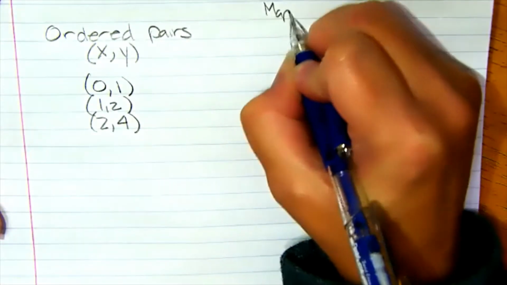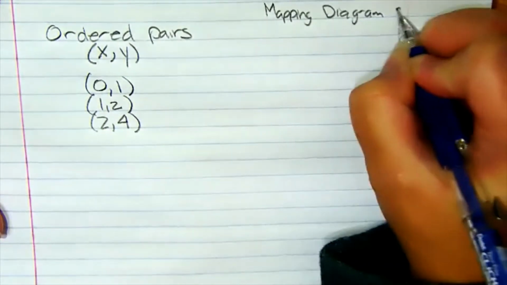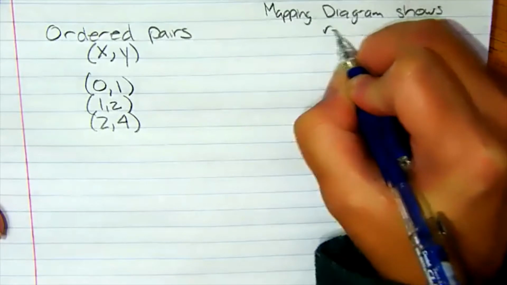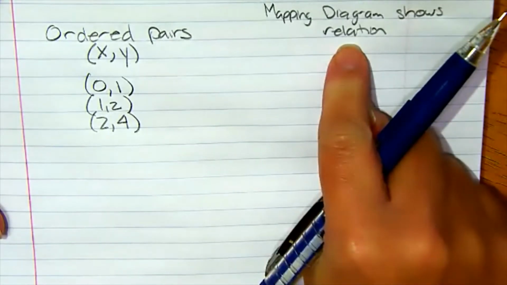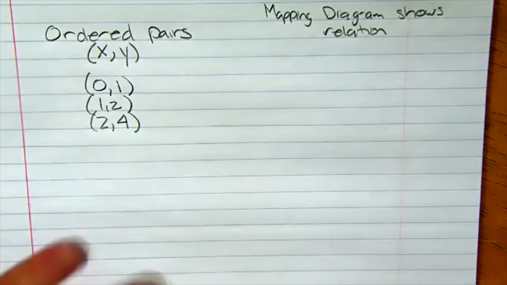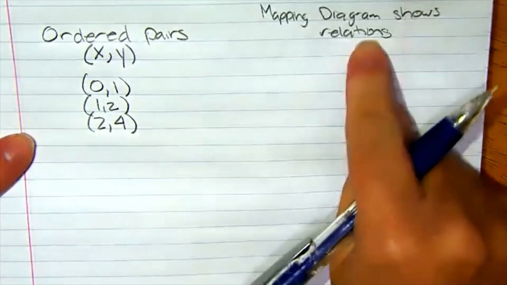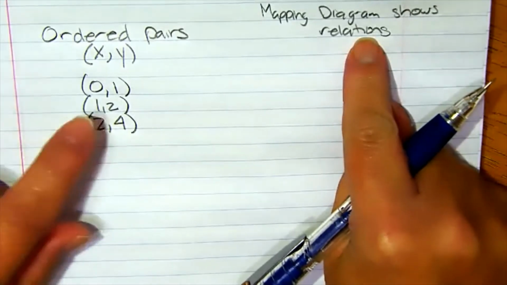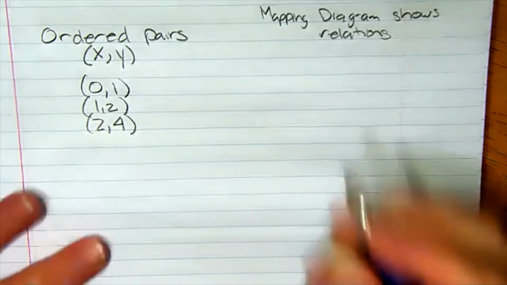Well, a mapping diagram shows relations. And remember, a relation is matching an x to a y. So a mapping diagram shows relations. And we know that a relation is matching an x to a y, okay?